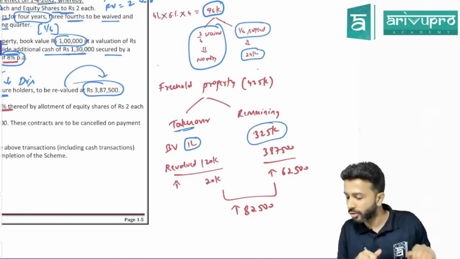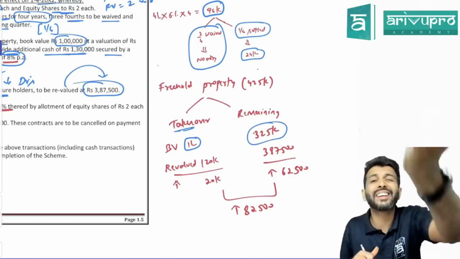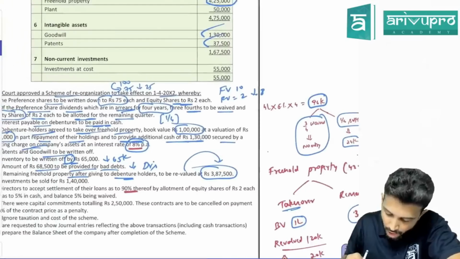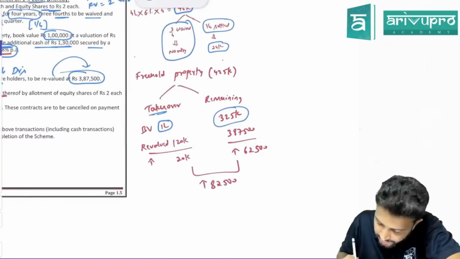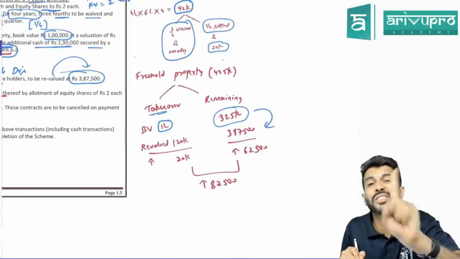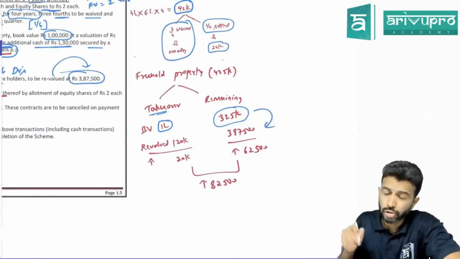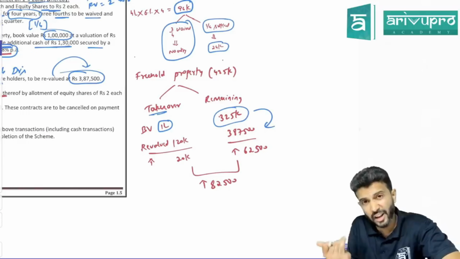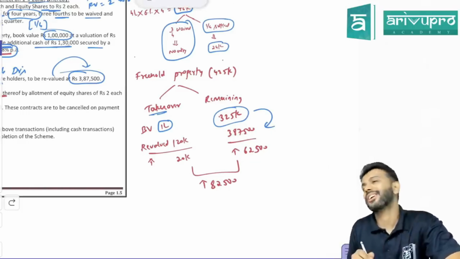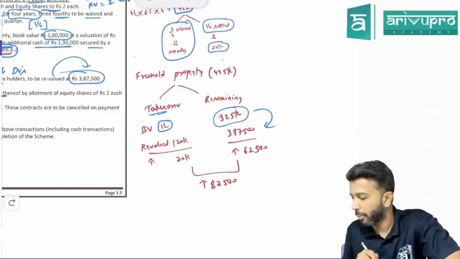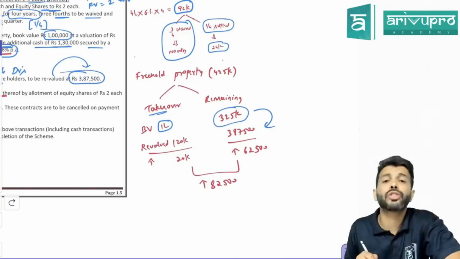Is its value 325 now or increased? Increased. It became 387,500. Currently we are showing it at 325. Its revised value is 387,500. So has this freehold property reduced in value or increased in value? Increased. How much? 62,500.